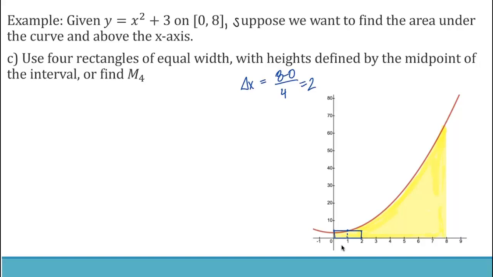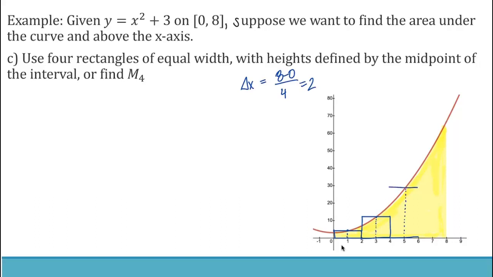Then from 2 to 4, I have my next width, and the midpoint between 2 and 4 is 3, so the height at 3 is going to define my height over that entire interval from 2 to 4. And then between 4 and 6, the midpoint is 5, so 5 is going to define the height.